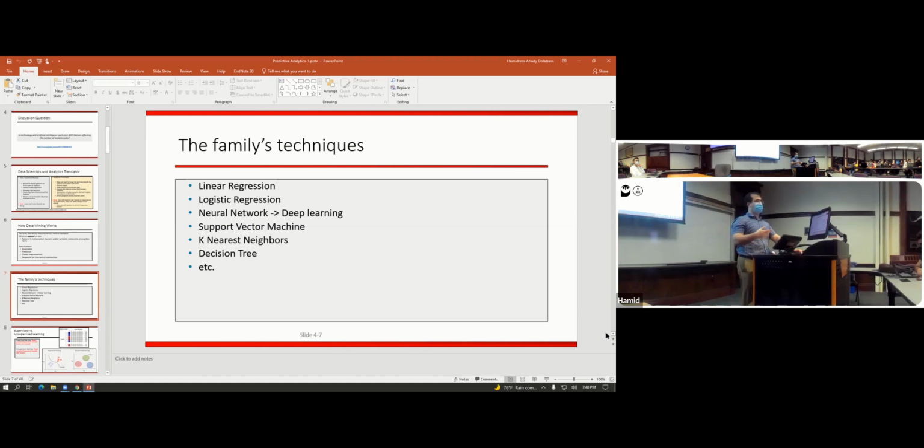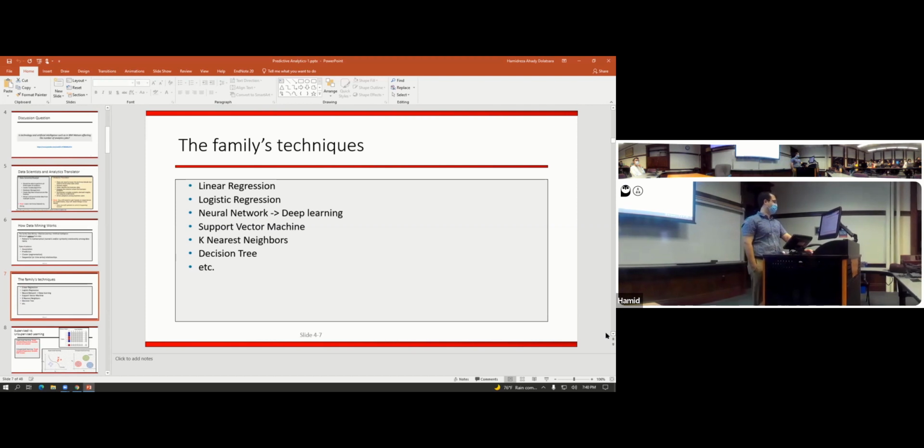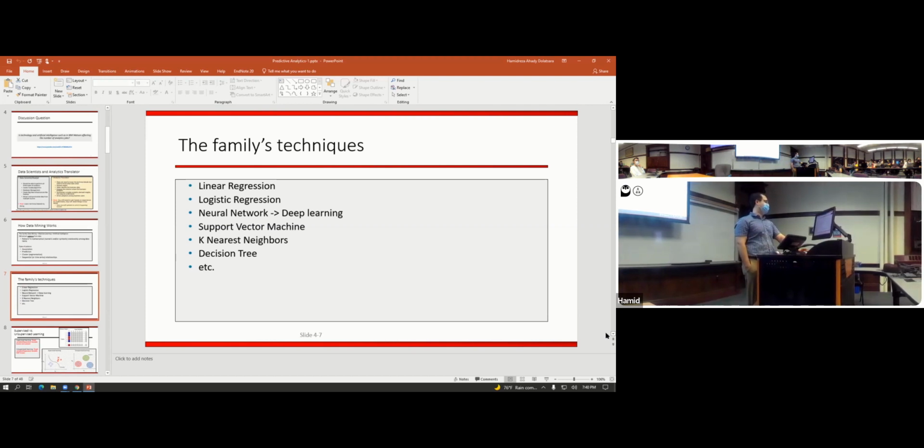So deep learning is basically the more advanced version of neural network. Supervised machine, k-means neighbor, decision tree, they're general algorithm names. Again, at the end, you don't have to know the details of the algorithms. Just consider them as a module that you input the data and get the output with the prediction.